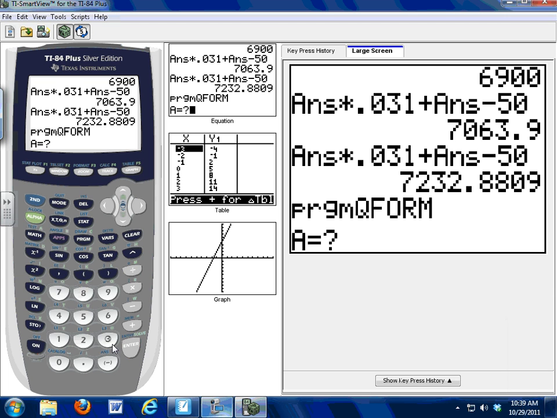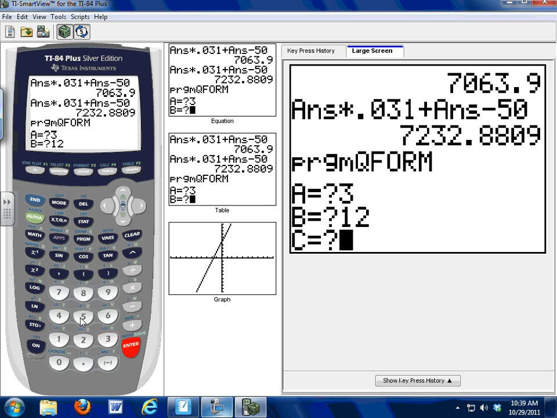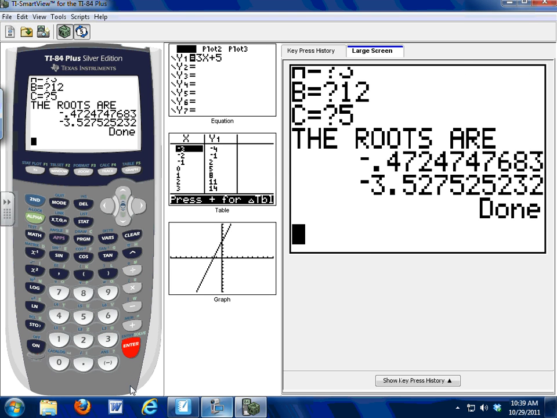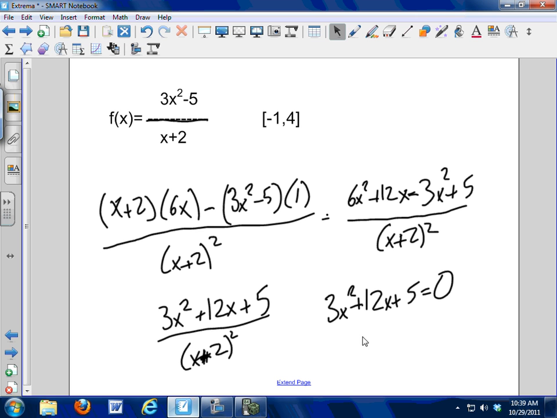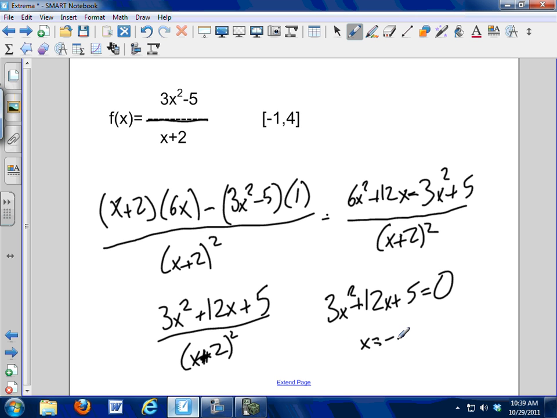What were the numbers? 3, 12, 5. And so there's my roots: -0.4724, so -0.47. And the other piece, where am I going back to? -0.47, 3.52. So I get x equals -0.47.